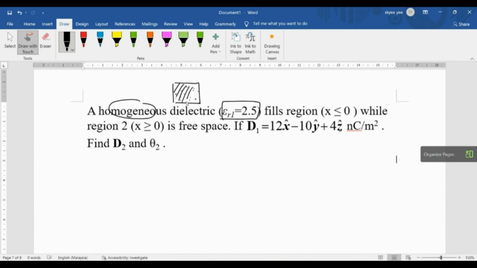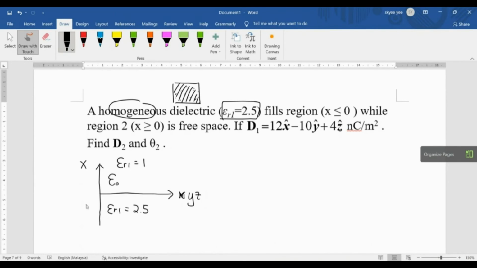It is uniform. The whole structure has a dielectric constant of 2.5, filling the region x less than 0. This one is slightly different because now it is x, so this will be the YZ plane. So epsilon R1 equals 2.5, while region 2 is free space, where epsilon R2 equals 1.